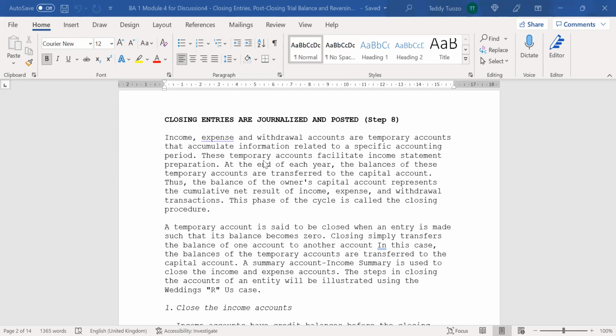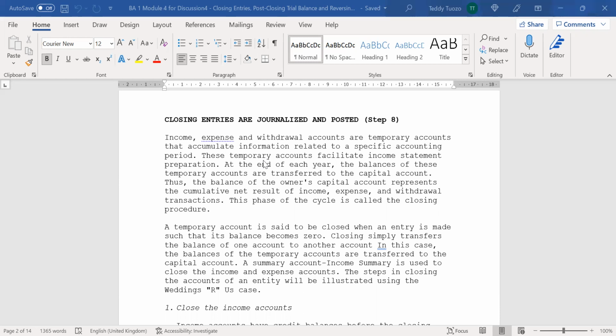But the income, expense, withdrawal, and income summary accounts are closed at the end of the accounting period, so they are termed temporary accounts or nominal accounts.